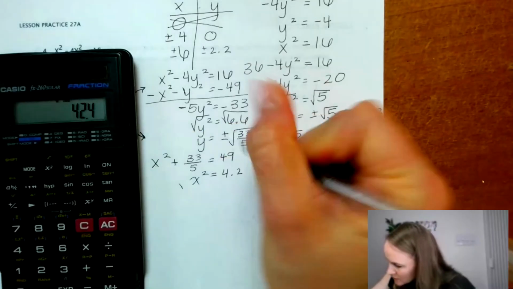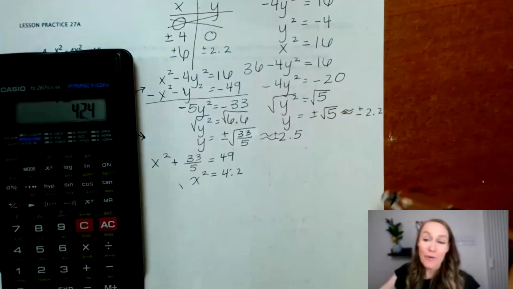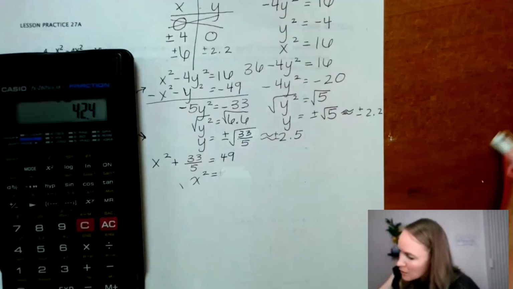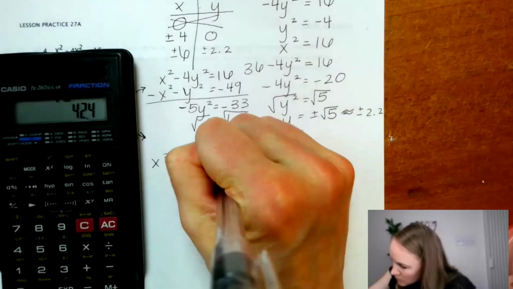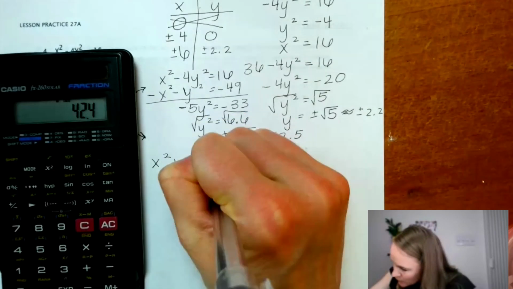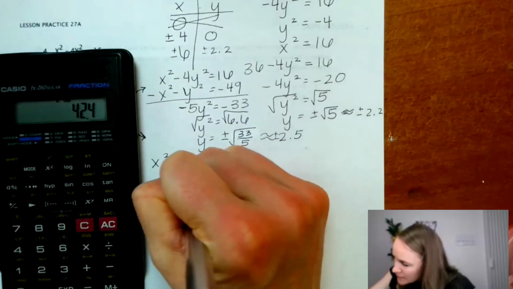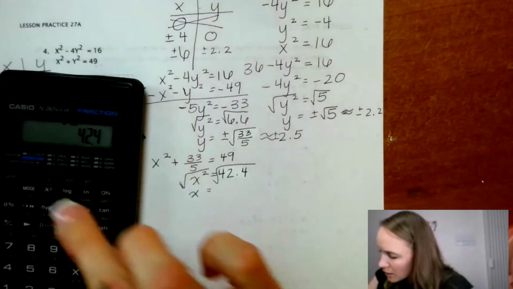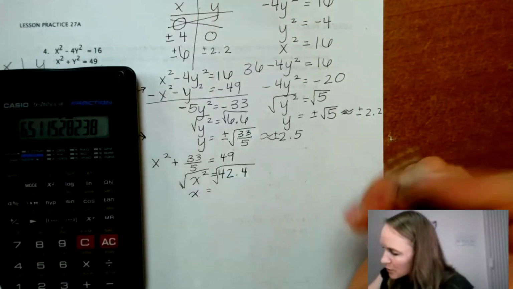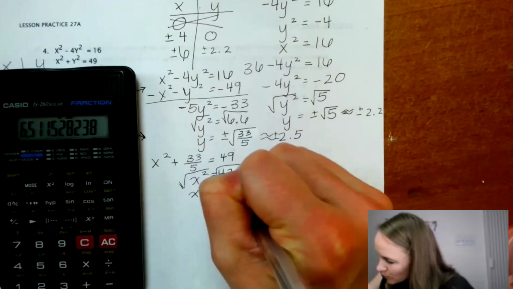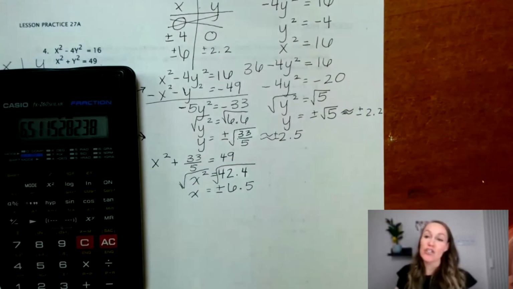Oops, I wrote the wrong number. I said it right, I just wrote it wrong. 42.4. I'm going to go ahead and square root that side, square root this side. So x equals, I'm still good. Square root that number and plus and minus 6.5-ish, right?